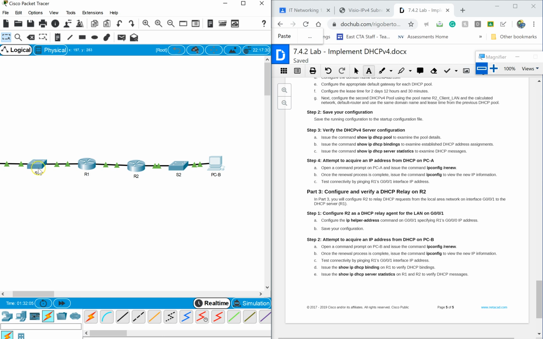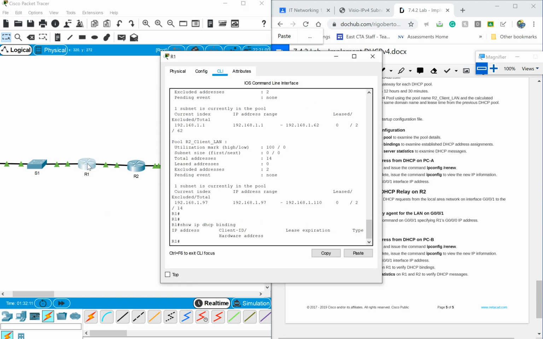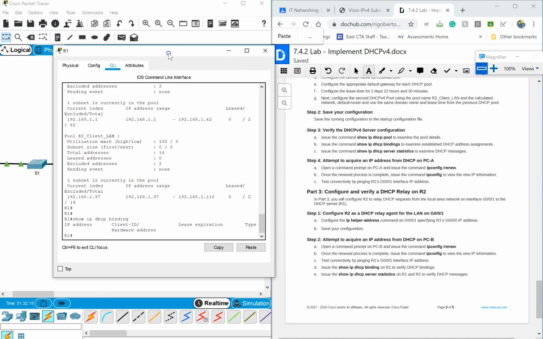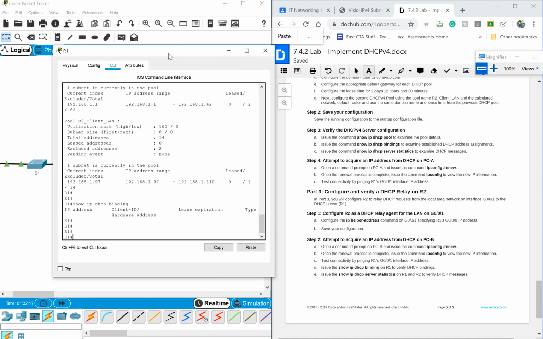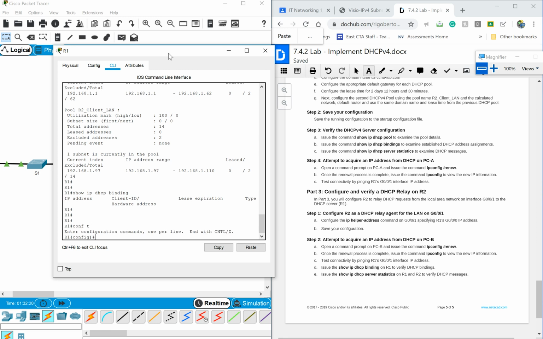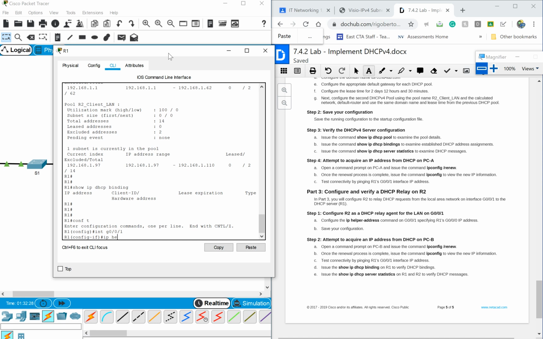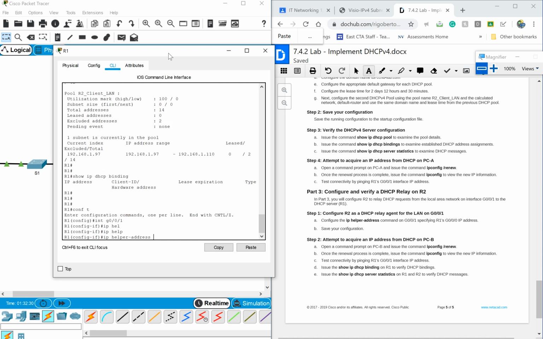All right, so it says that we have to go to R1, conf t, interface G0/0/1, IP helper address, right?